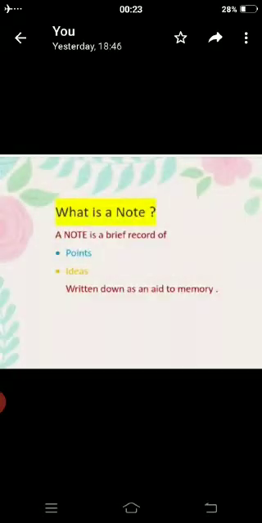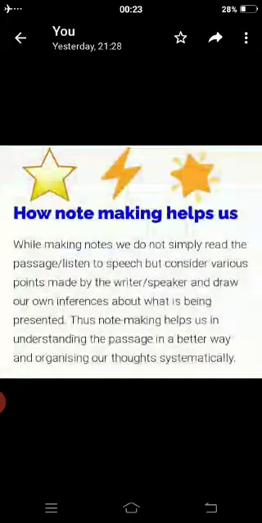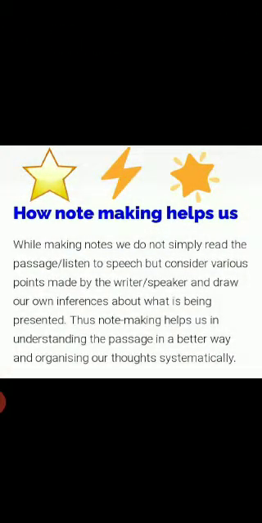Students, now the question arises, what is a note? A note is a brief record of points and ideas which are written down as an aid to memory. Students, the next point is how note making helps us.